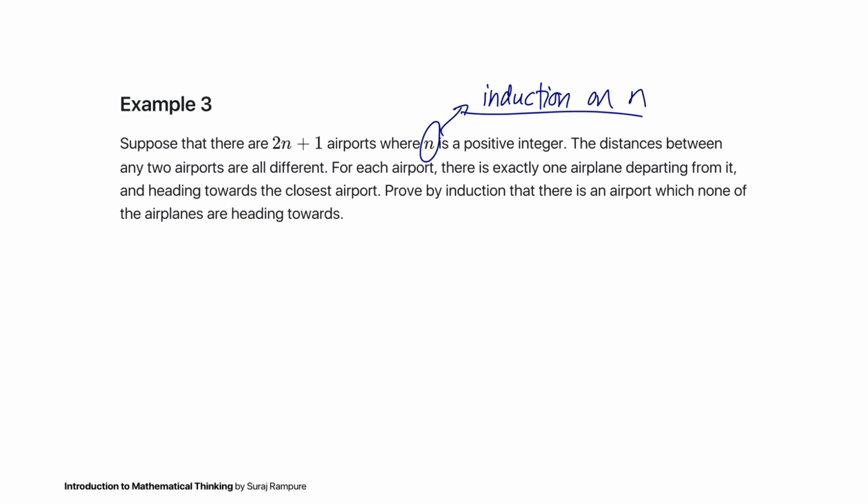So what's the base case? Can someone tell me? Sure. So base case, n is equal to 1. But if n is 1, how many airports are there? 3. So 3 airports. Okay, and so can you reason about why the base case is true?